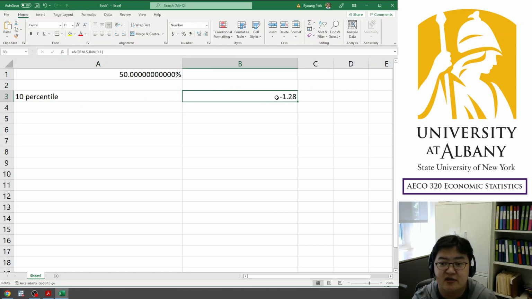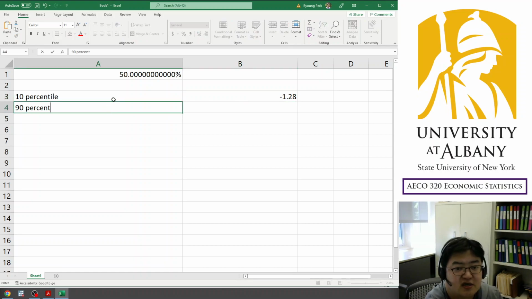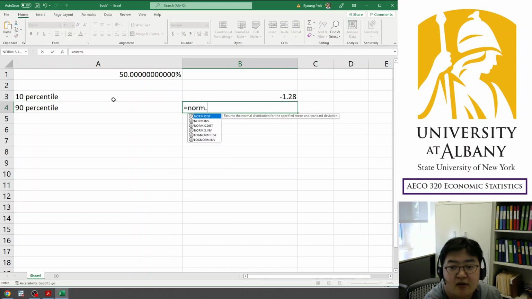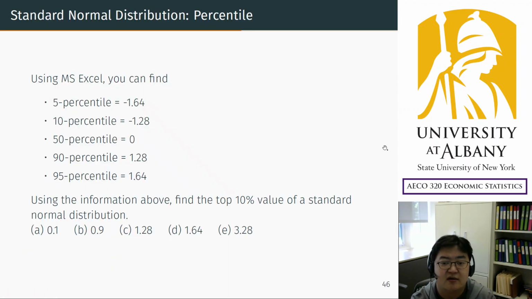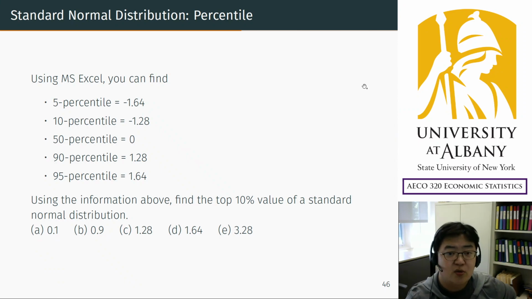So 10 percentile is minus 1.28, and 90 percentile is plus 1.28. Due to the symmetry, 10 percentile and 90 percentile are symmetric about the mean. Okay? So by changing the probability, we could find some typical percentiles.